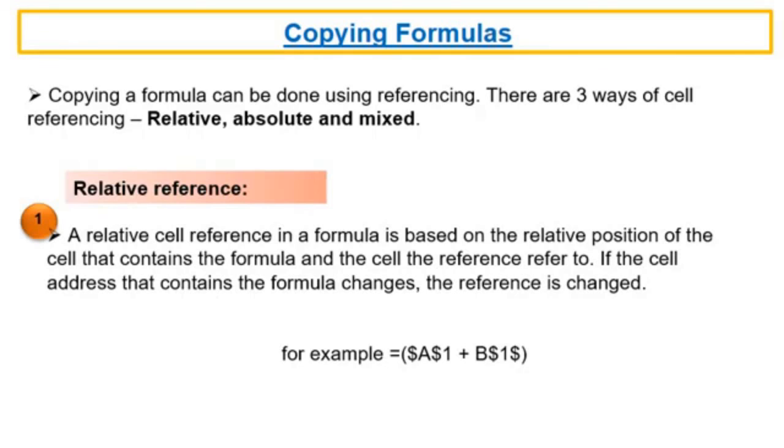A relative cell reference in a formula is based on the relative position of the cell that contains the formula and the cell the reference refers to. If the cell address that contains the formula changes, the reference is changed.